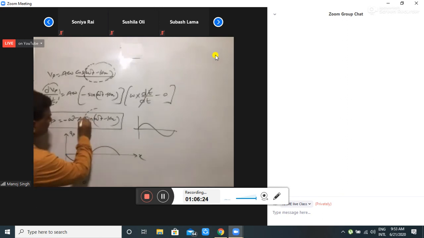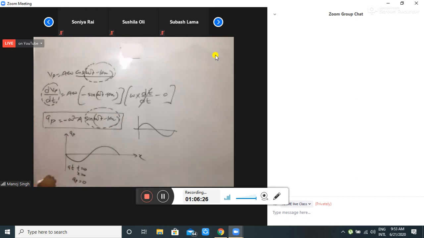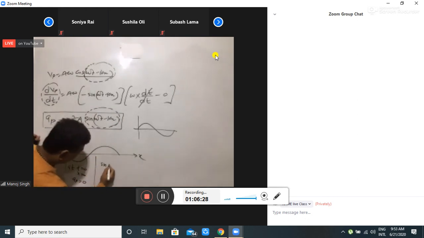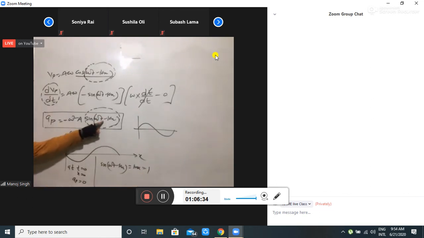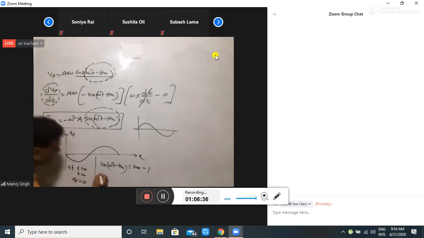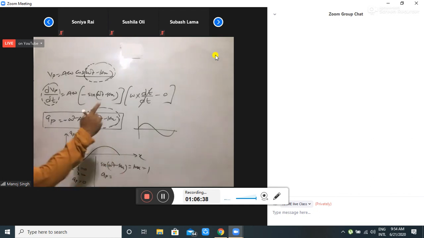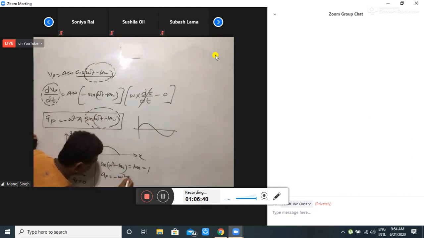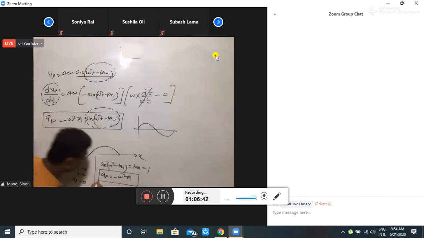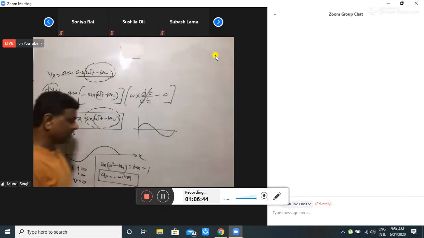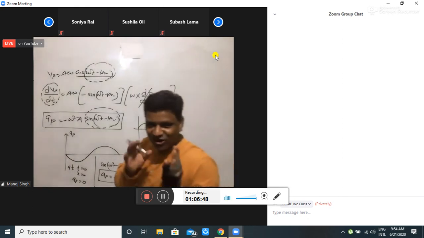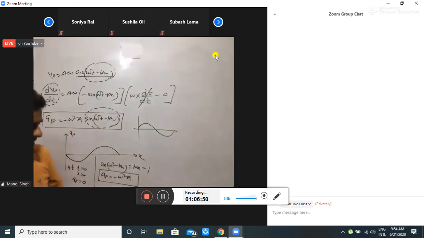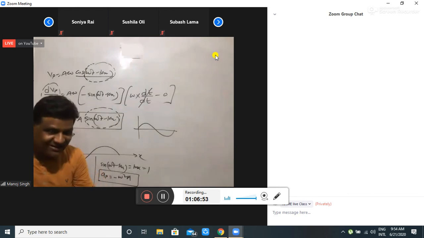Now, the maximum value of this factor is equal to 1. So sine of omega t minus kx, its maximum value is equal to 1. If it is maximum, the acceleration of the particle will also be maximum, minus omega square a. Negative sign does not mean retardation.